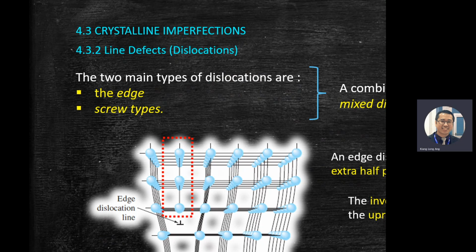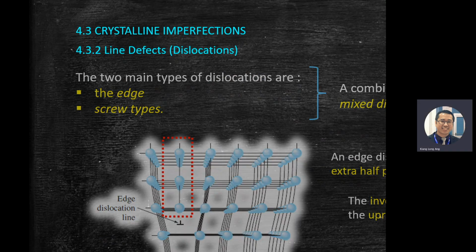So it can be an inverted T or a T shape. It depends on the arrangement of atoms. This one is an inverted T. When you draw a T, it means the top here is missing, right? So we just reverse the diagram.